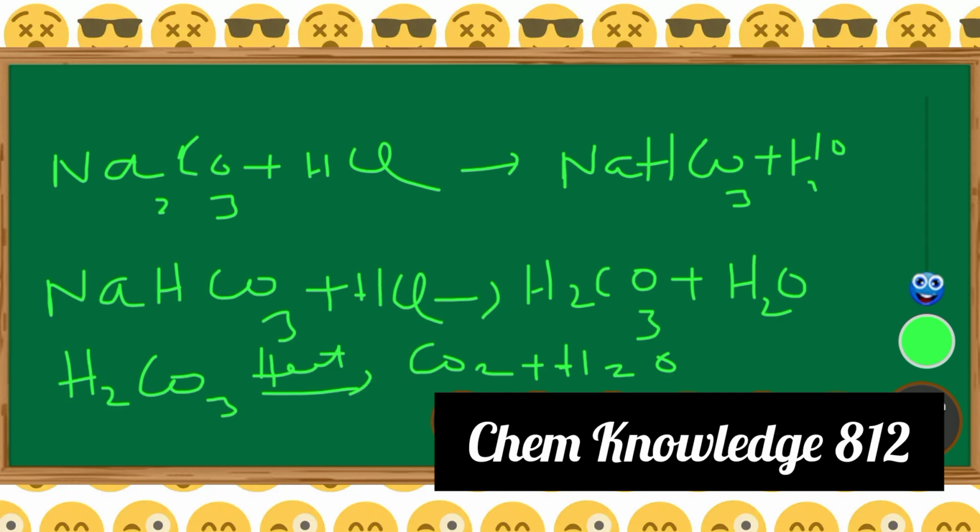So when we want to titrate the sodium carbonate against HCl, when we add HCl into this sodium carbonate, we will get sodium bicarbonate at the first end point.